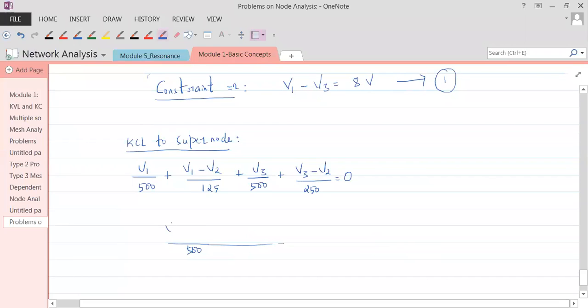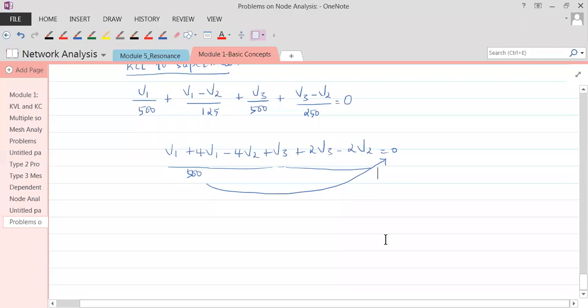So it's V1 plus 4V1 minus 4V2, plus V3 plus 2V3 minus 2V2 equal to 0. So this 500 vanishes because it gets multiplied by 0.